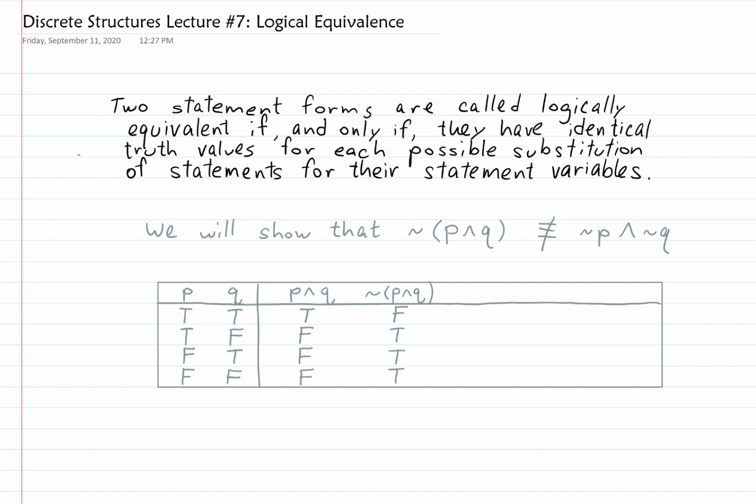Now, in the same truth table, let's build up a section for that statement form. That's the conjunction of the negation of P and the negation of Q. So let's make a column for the negation of P, and a column for the negation of Q, and then we'll do a column for the conjunction of those two things.